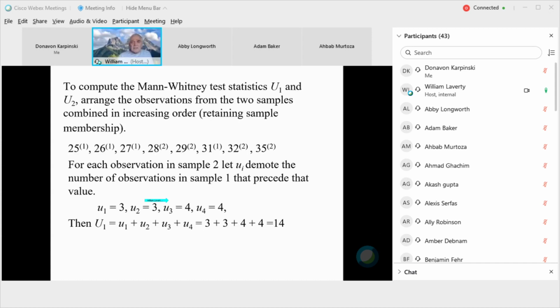So you count the number of times an observation in sample 1 is below an observation in sample 2. There are the 8 observations combined. The superscript is really telling you what sample it is. So if I'm counting the number of times an observation in sample 1 is below an observation in sample 2, there's 3 observations below this 28.2.